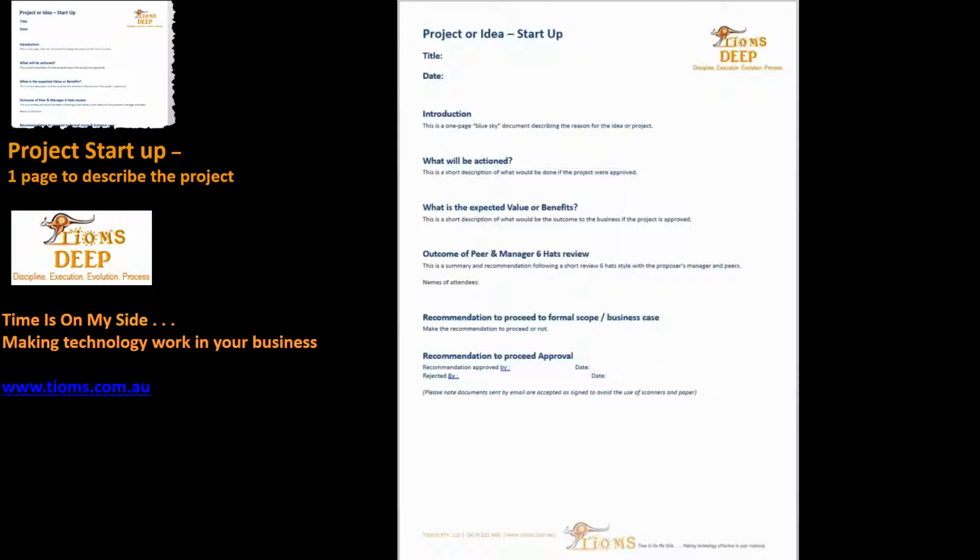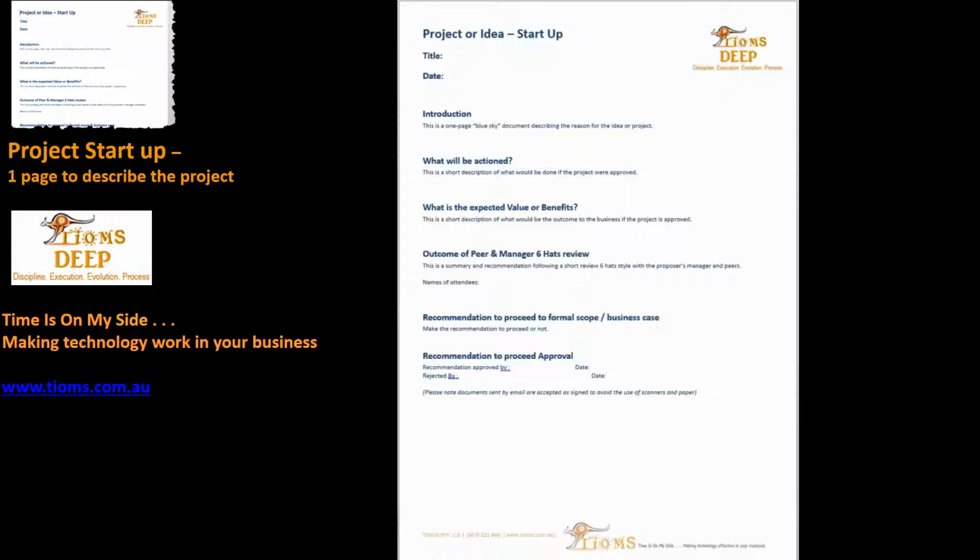Now we come to the Deep template for a project or idea startup. So this is where you've got an idea for a project or just an idea of something that you think might be worth doing. And you want to present that to people without filling out hundreds of pages and going into any vast amount of research or anything like that.